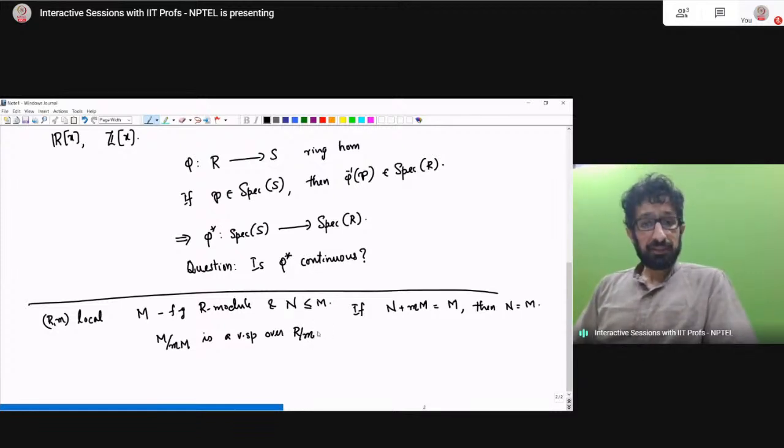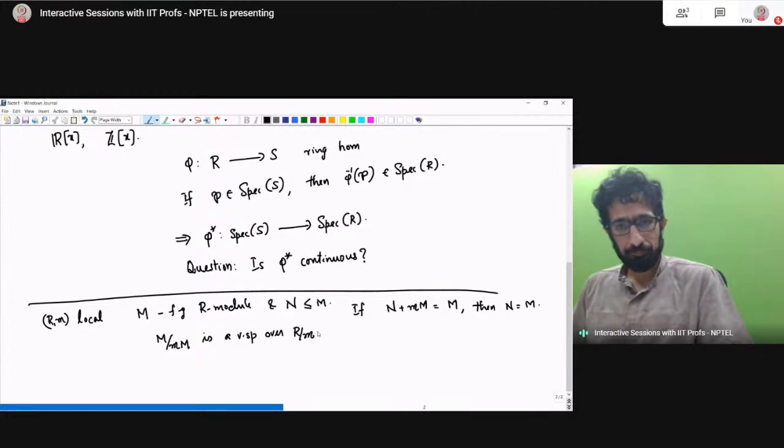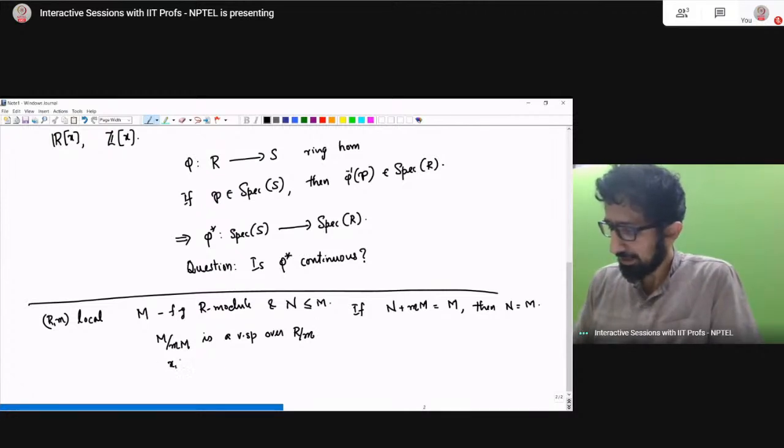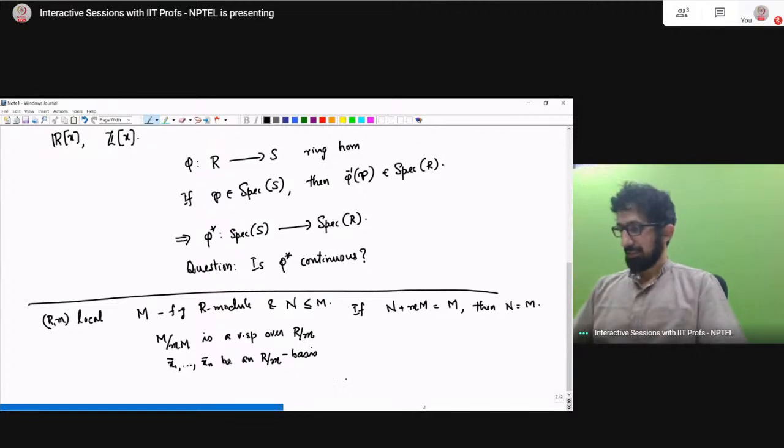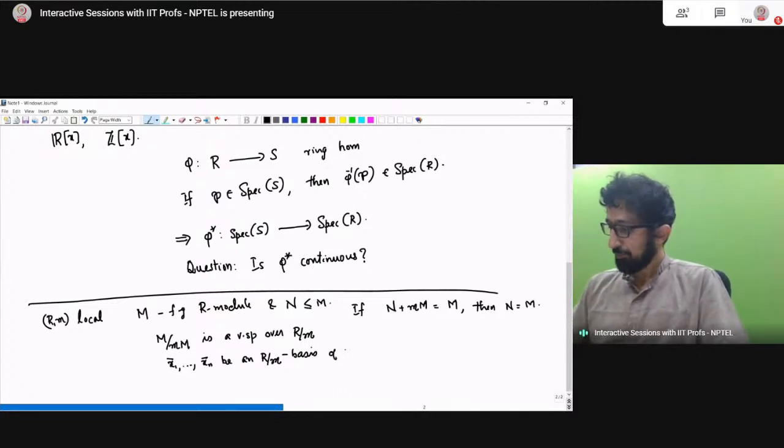Now M is finitely generated, therefore this is a finitely generated vector space, which means it has a finite basis. So let's take x1 bar, ..., xn bar, be an R mod m basis of M mod mM.